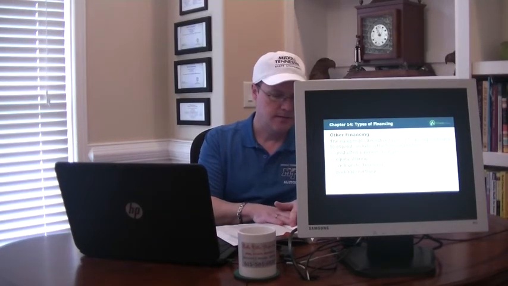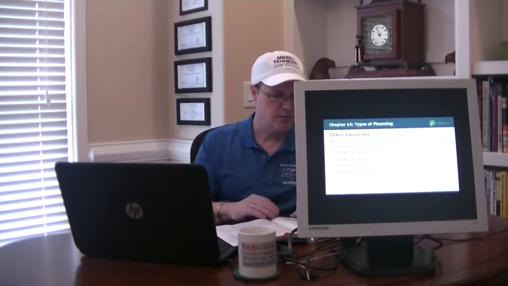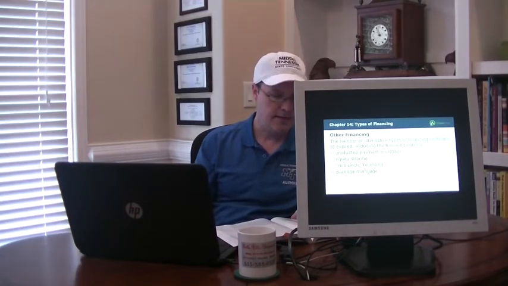Then we have package mortgage. With a package mortgage, it is possible to include items classed as personal property in a real estate mortgage. Such items as a refrigerator, clothes washer, or dryer can be pledged along with the house and land in a single mortgage. So it's kind of wrapped up into it, just like a package would be.